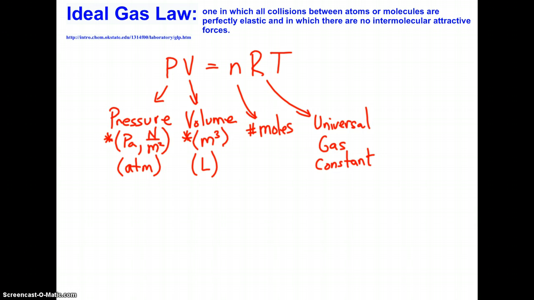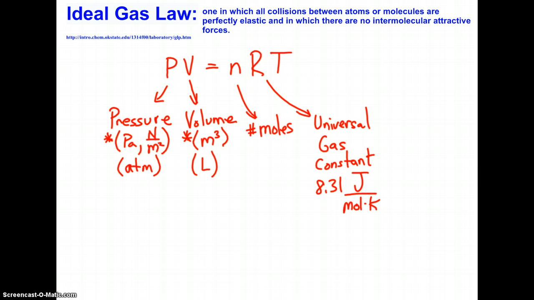We really need to pay attention to the units of this, and in physics the value of the universal gas constant is 8.31 joules per mole Kelvin.